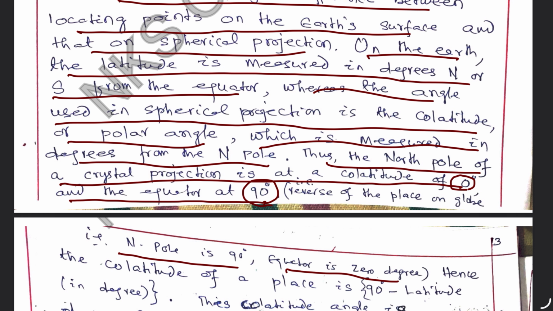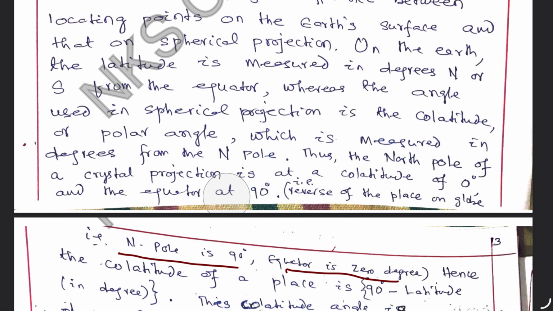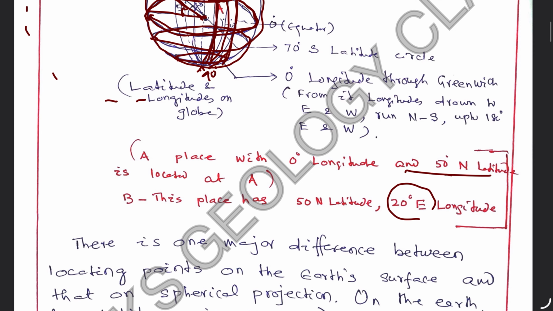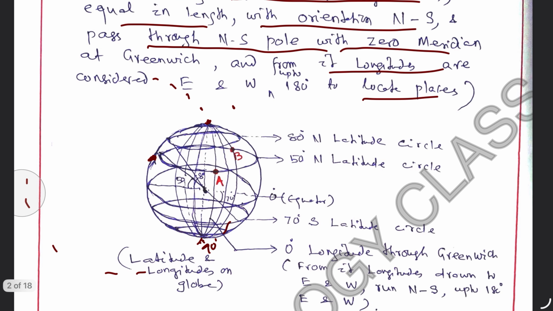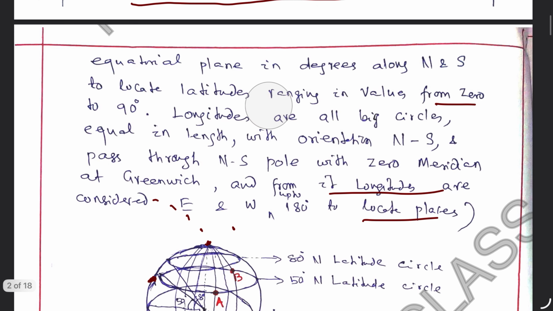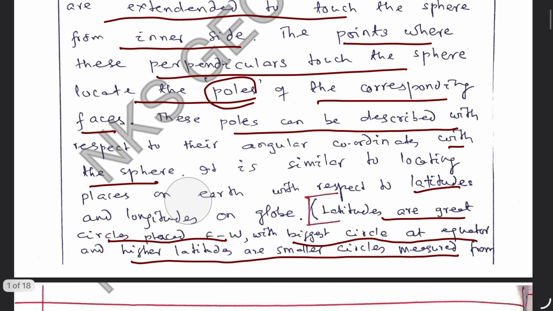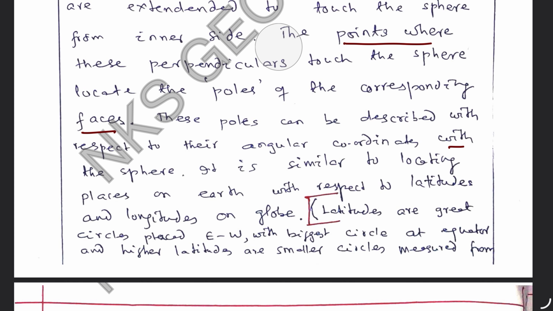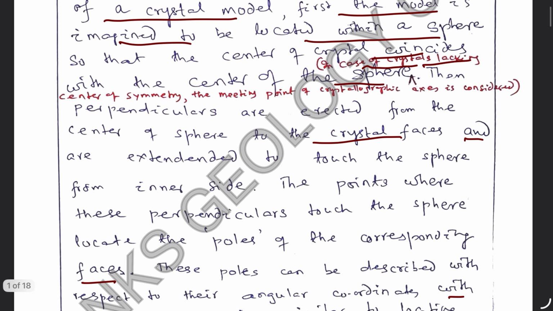So this is the difference. Otherwise, the angular relationship is similar to that we see in case of latitudes and longitudes.